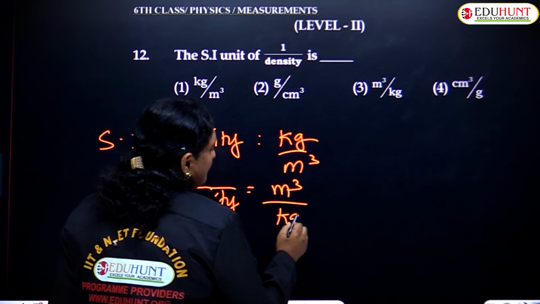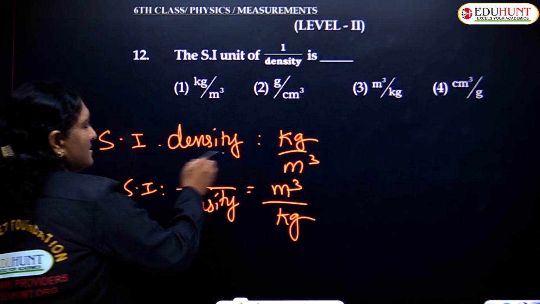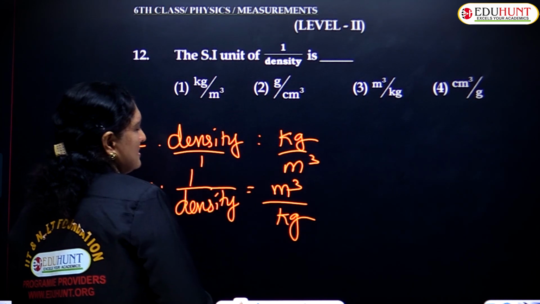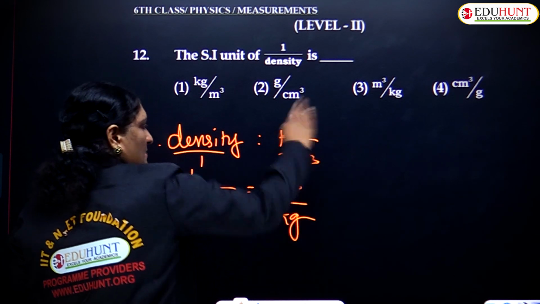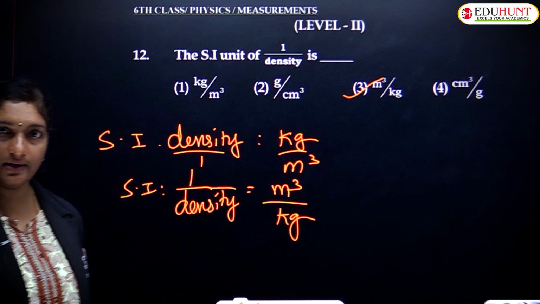Take the reciprocal of that, and that will be meter cube per kg. Density is kg per meter cube; reciprocal means meter cube per kg. So this is your right answer. Okay children.